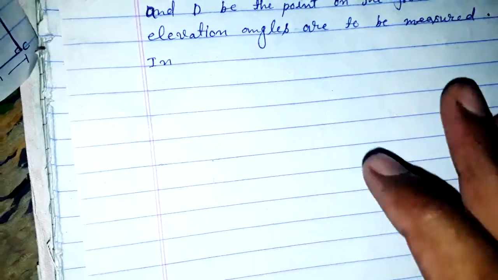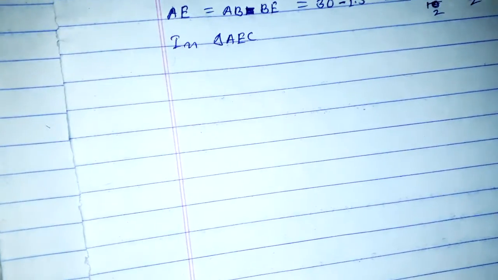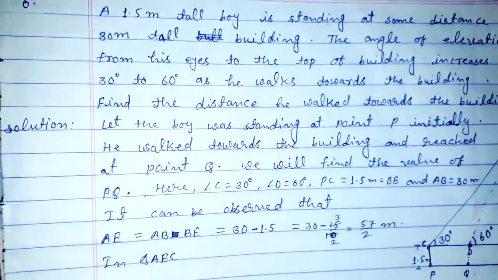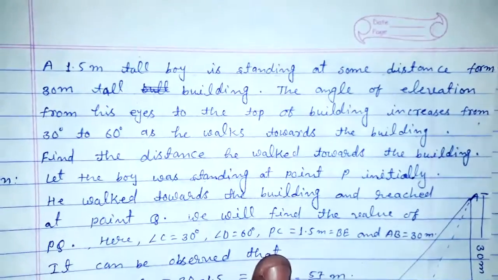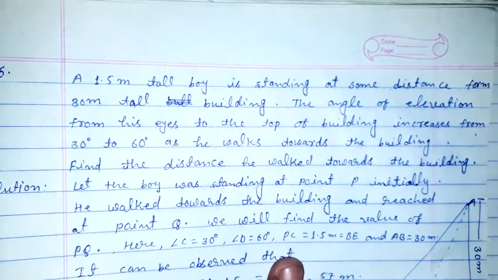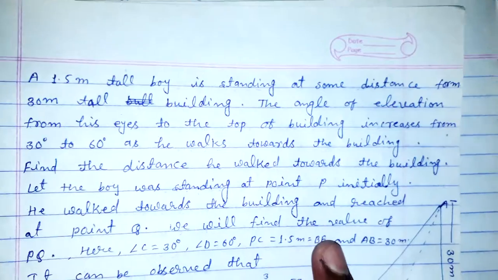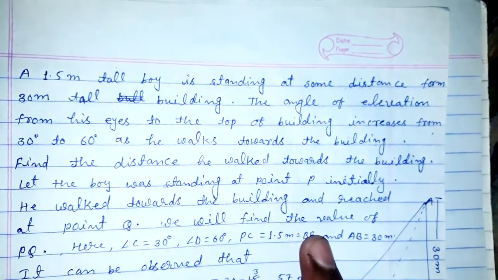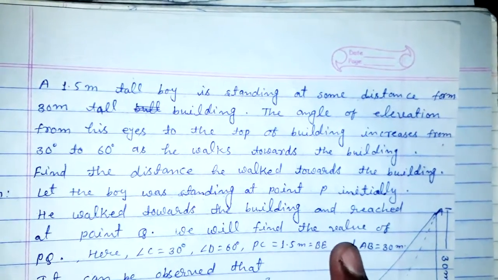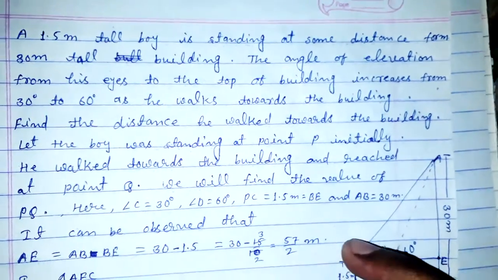Next question. Sorry, next question is the sixth question. Fifth is also solved. The sixth question: a 1.5 meter tall boy, the height of the boy is 1.5 meter, is standing at some distance from a 30 meter tall building. The height of the building is 30 meter and the boy is standing here.